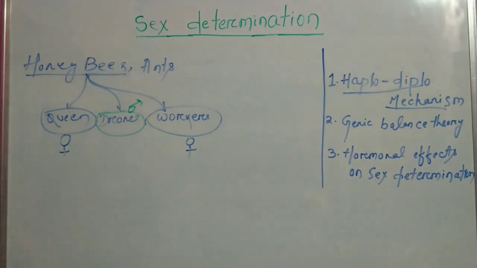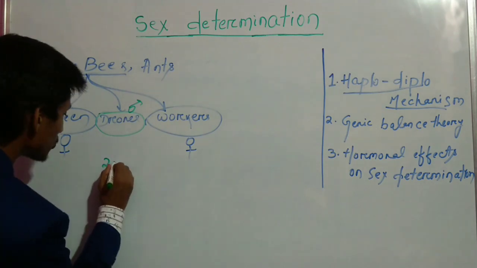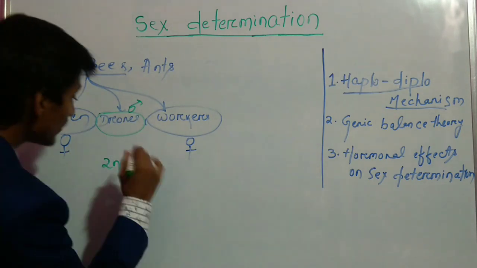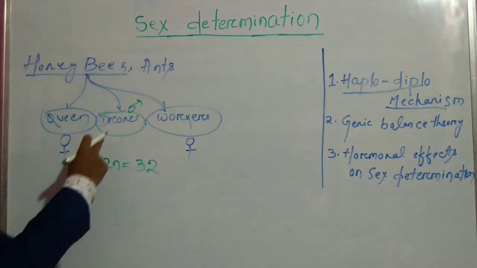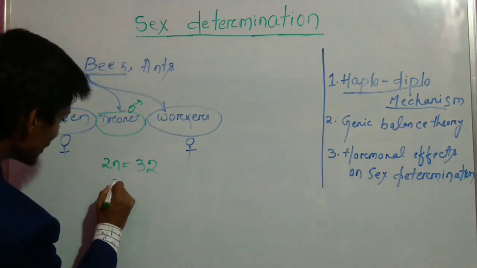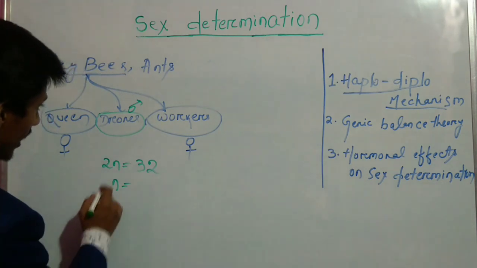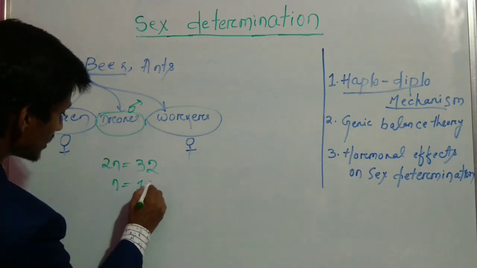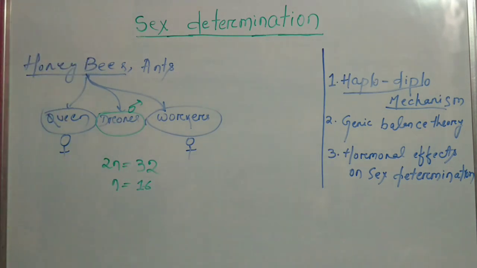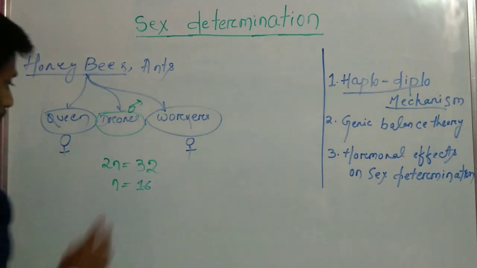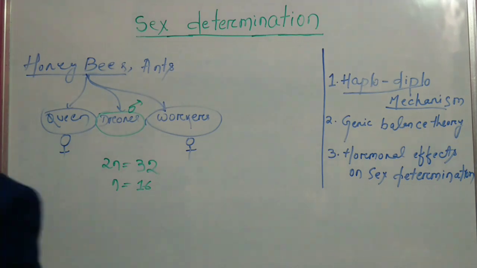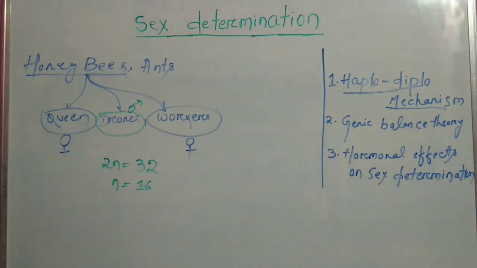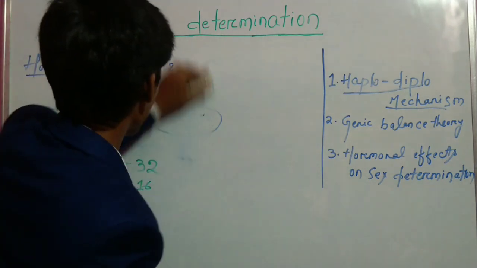And the curious thing is that the females are having 2n number of chromosomes, or the females are diploids, that is their number of chromosomes is 32, whereas the males are having only one set of chromosomes, that is haploid, and their number of chromosomes is 16. So this thing you have to keep in mind while seeing what is the haplo-diplo mechanism and how it works.